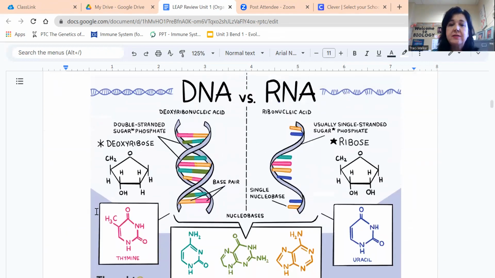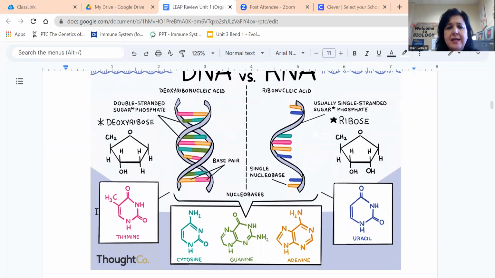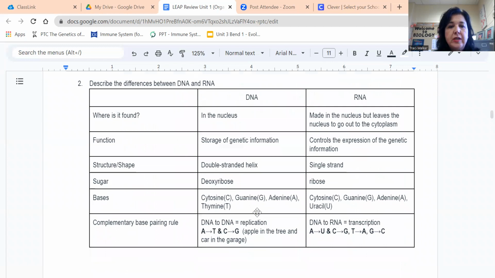So our nucleic acids are DNA and RNA, and they're made up of these nitrogenous bases, also called nucleobases. Cytosine, guanine, adenine, and thymine in DNA. And of course, there's no thymine in RNA. Instead, RNA has uracil.